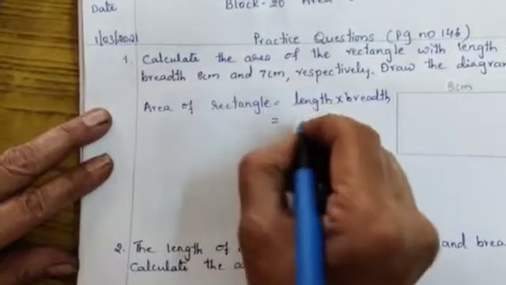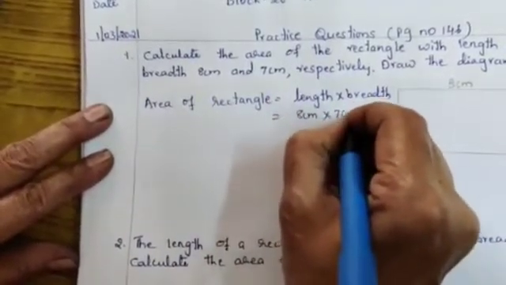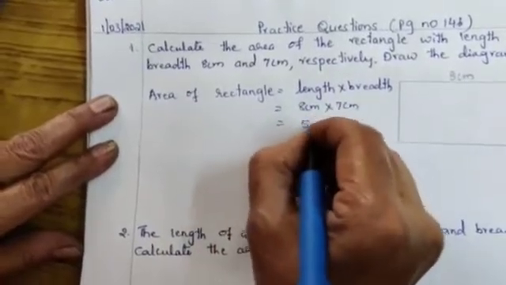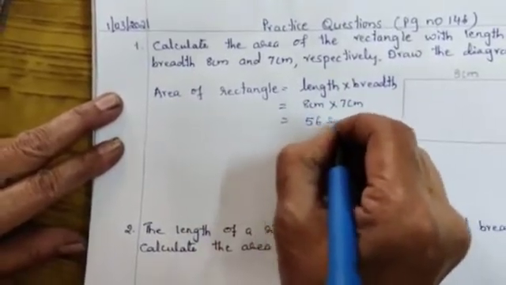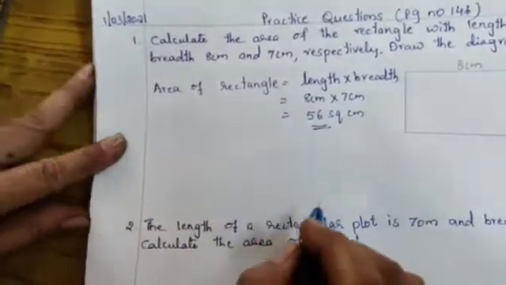Length is how many centimeters? 8 centimeter. Breadth is 7 centimeter. So 8 sevens are 56 square centimeter is the answer.